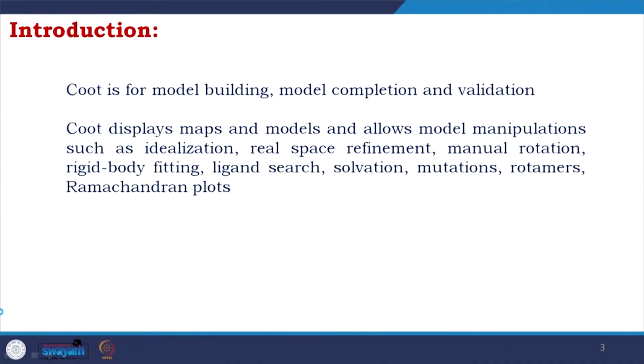COOT displays maps and models and allows model manipulation such as idealization, real space refinement, manual rotation, rigid body fitting, ligand searching, solvation, mutations, rotamer, Ramachandran plots and what not.